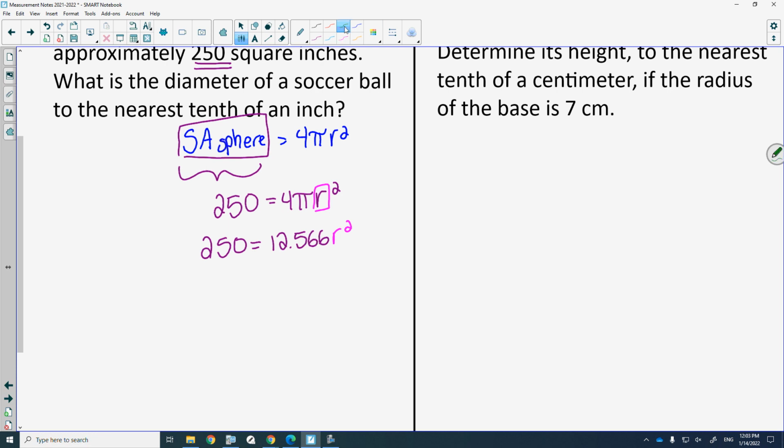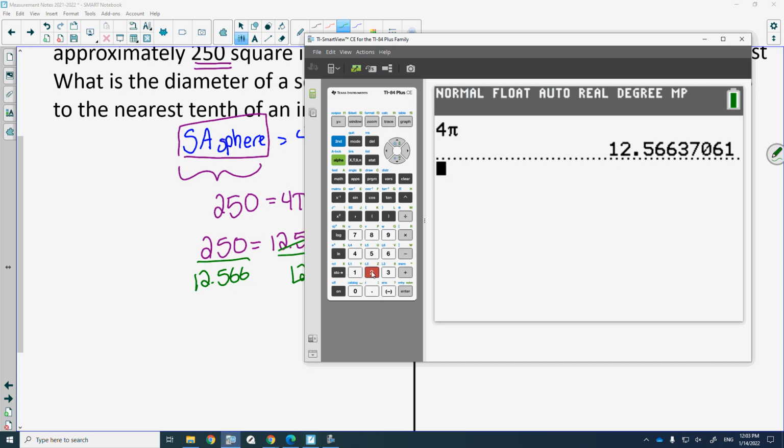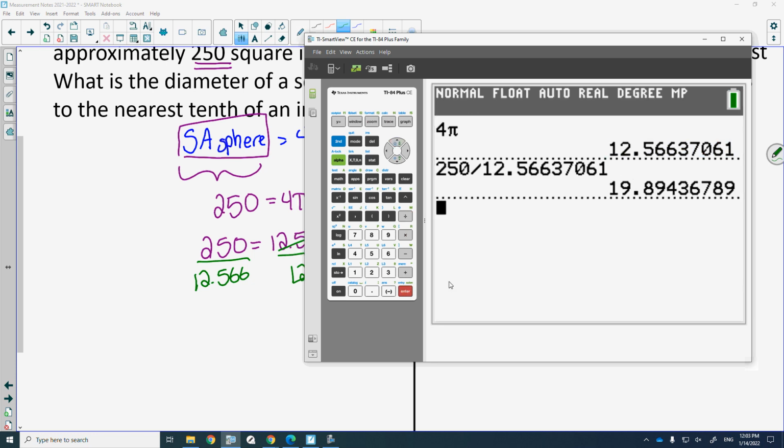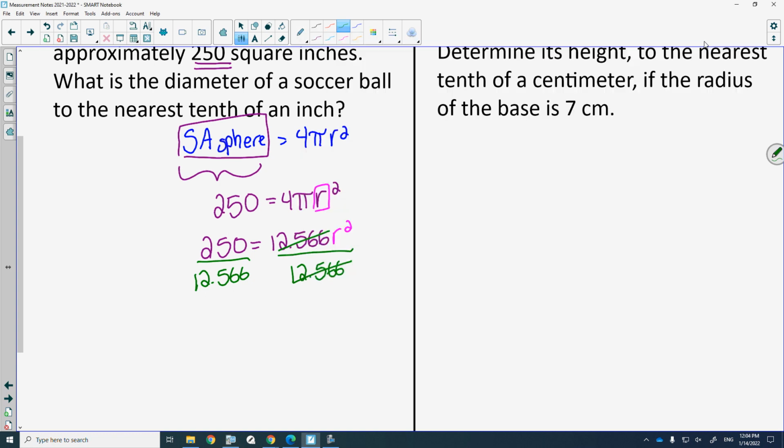So to isolate r, you're going to divide both sides by 12.566. On your calculator, remember we want to use all of our decimals until the very end. So 250 divided by this number, which is 4 pi, gives you 19.894. And that is equal to r squared.